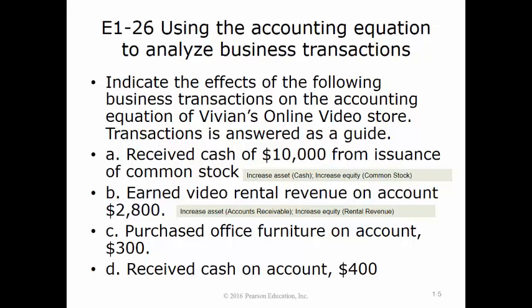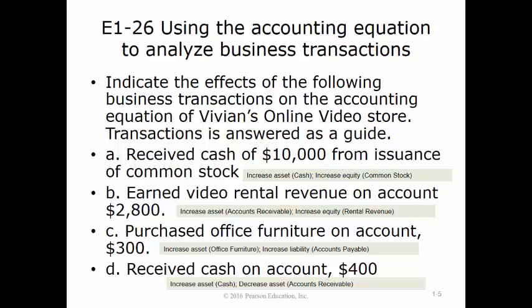Next, for C, we would increase assets, office furniture, and increase liabilities, accounts payable, by $300. Notice again the words on account, but this time we are being allowed credit, so the correct account would be accounts payable. Next, we would increase assets cash and decrease assets accounts receivable for $400.